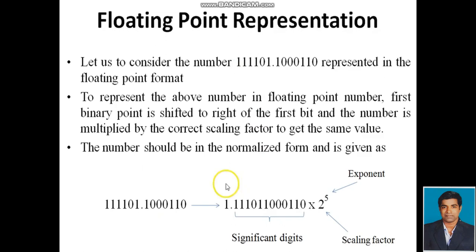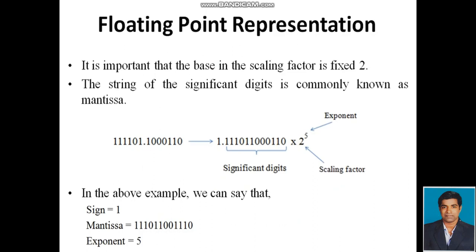Here the value after the decimal point is given as the significant bits, which is a binary representation. The base value is the scaling factor and the exponent value is considered as the exponent. In floating point representation, it is important that the base of the scaling factor is fixed to 2 because this is binary representation. The string of significant digits is commonly known as the mantissa.